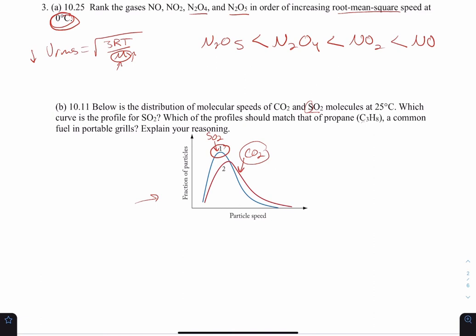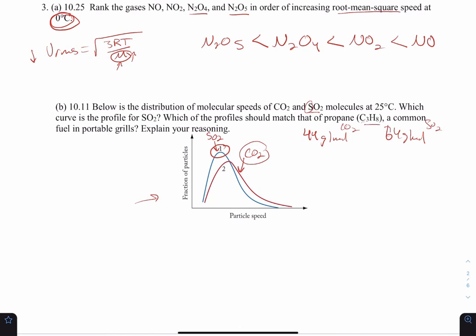Okay, so which of the profiles should match that of propane, a common fuel in portable grills? The one that would match with propane is going to be the one that matches relatively its molecular weight. So let's look at CO2 here. CO2's molecular weight is about 44 grams per mole, okay? And SO2 is 32 plus 32, that's 64 grams per mole. Now, C3H8, let's look at that.